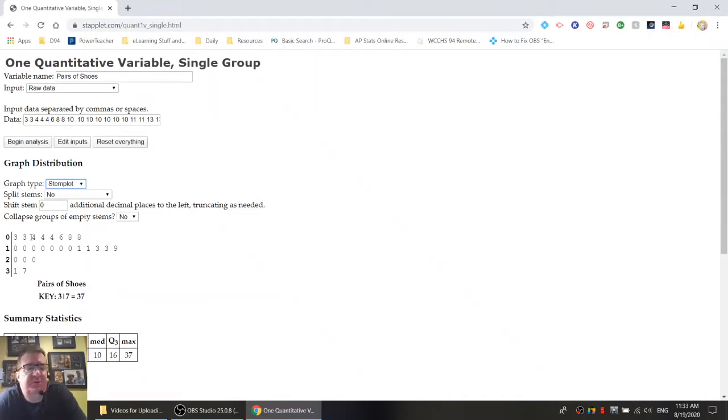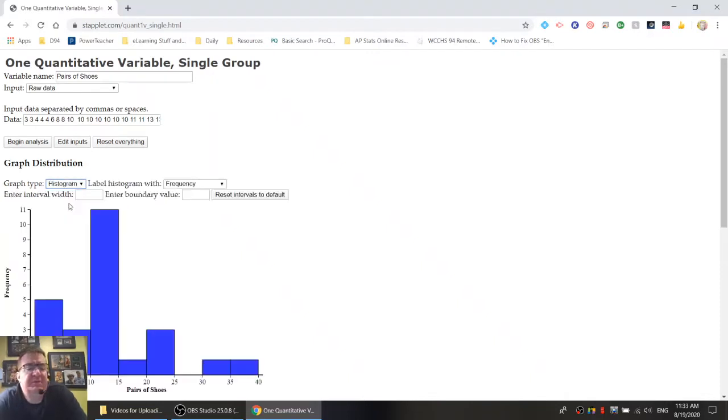So I know this is a 3, this is a 4, this is a 5, partly because there's this key down here, which is really important to include. Because that way you know that 3|7 is 37. This could be 3.7, it could be 0.037. You can do stem and leaf plots in a whole number of different ways. But again, you can kind of see this spike happening. We do have a lot of people who have somewhere between 10 and 19 pairs of shoes.